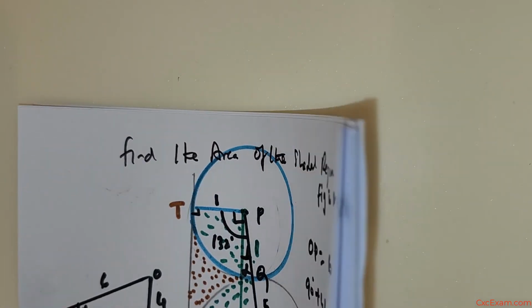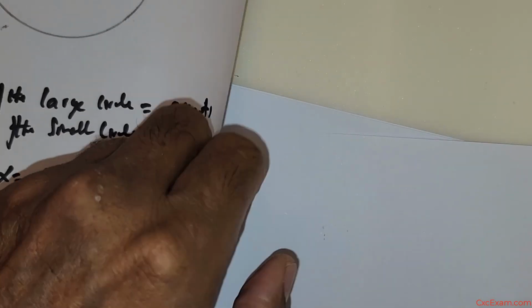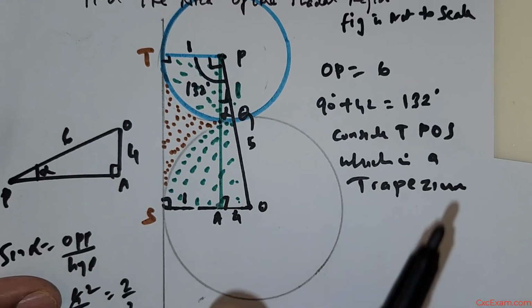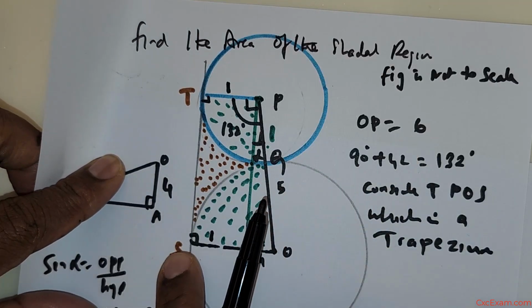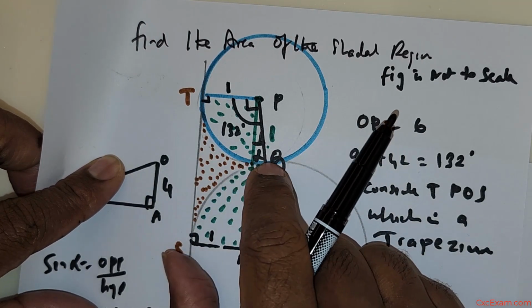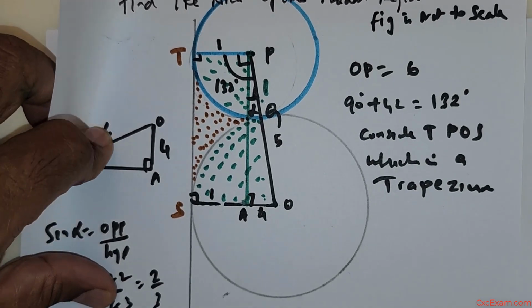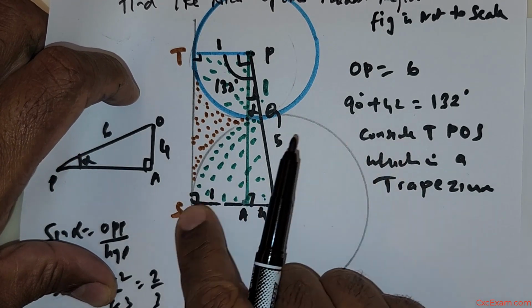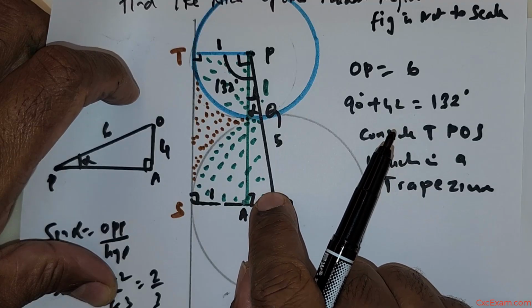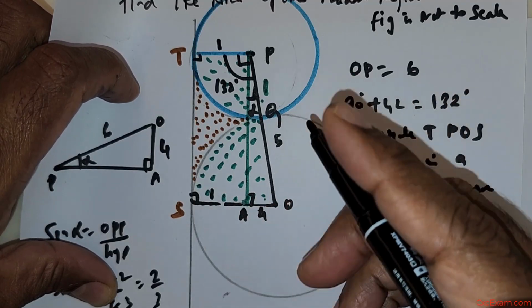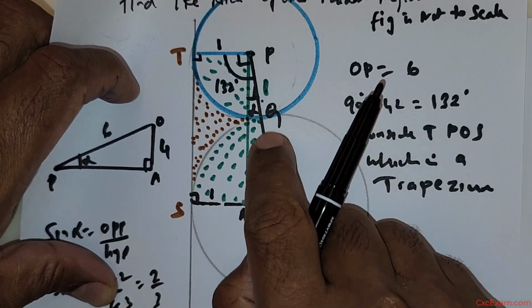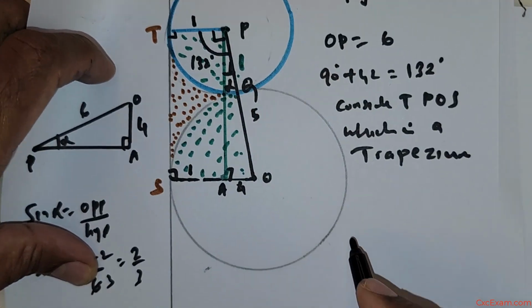Now let me go and get the area of the second sector. Area of sector, this is going to be SOQ. Now we need to get this angle, right? We need to have this particular angle recorded. Now this is 90, this we have taken as 42 degrees.